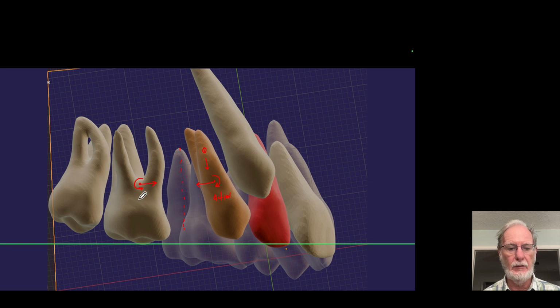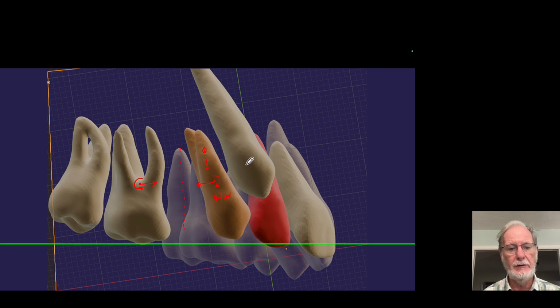It's called anchorage, and that's the force system that we have to control during our orthodontic treatment. And this is the force system we are planning. When the premolar is positioned correctly, then we can move on to the canine and the malocclusion will be corrected.